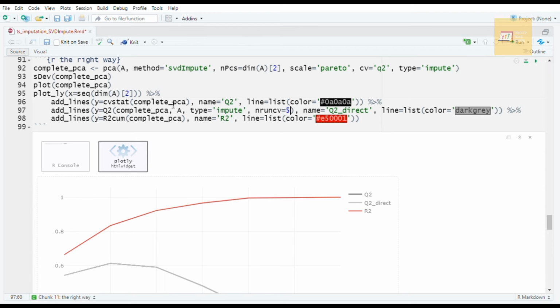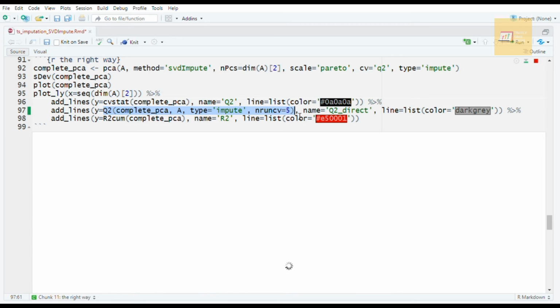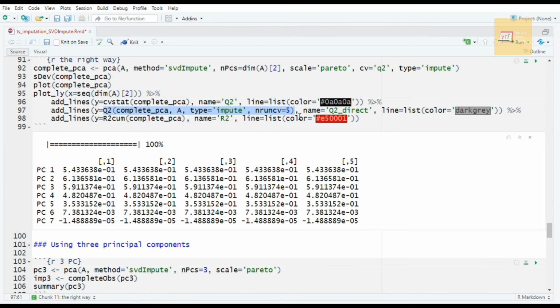Let's say that we run it 5 times and see the result. Okay, now we have the Q squared scores for each principal component in each iteration. So the columns represent the iteration, and we can see that they are exactly the same. So that's why I run it only once.